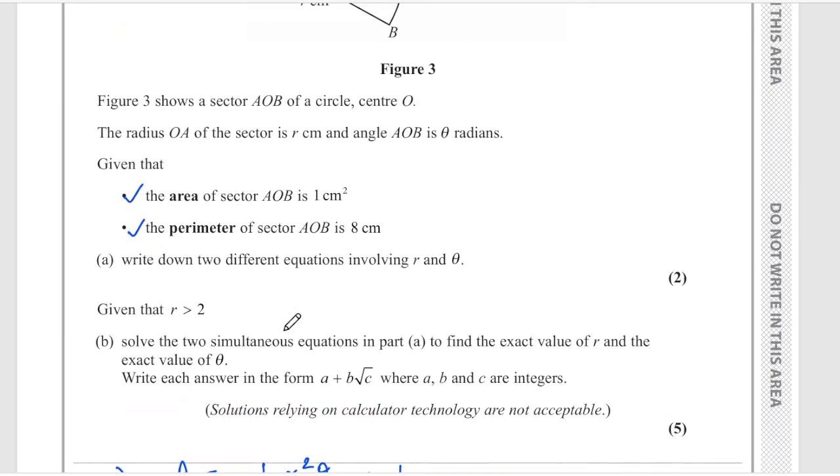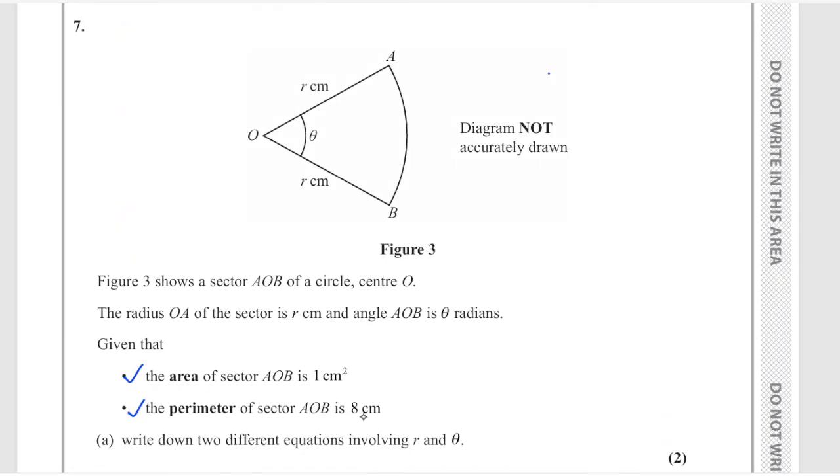Now the perimeter of the sector AOB is 8 centimeters. The perimeter involves the whole length starting from O to A, from A to B, and from B to O. So this is r centimeters, this is r centimeters, and this portion we have the arc length, which is nothing but r theta.